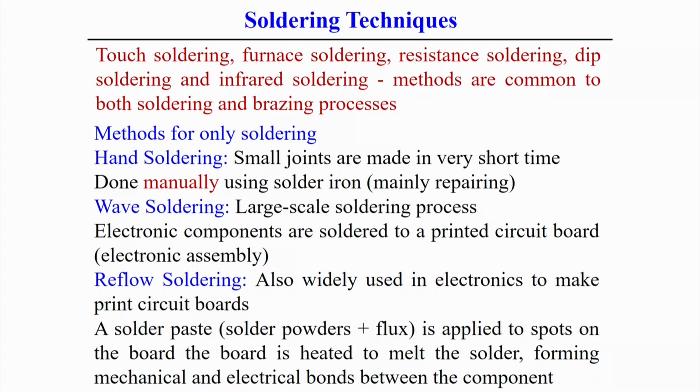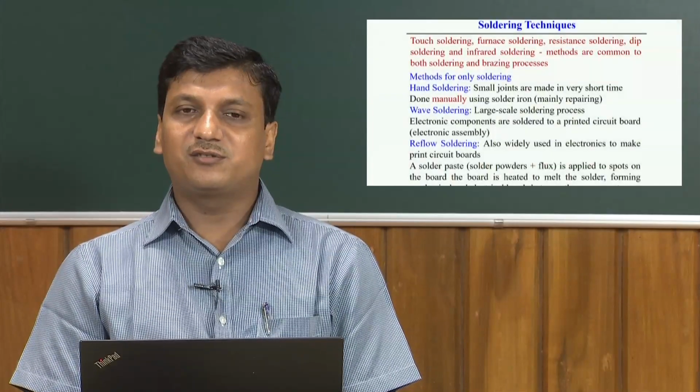Wave soldering is used when there is a requirement of a large scale soldering process. It is another soldering technique where electronic components on the printed circuit board are joined, and using this technique we generally do the electrical assembly of the different components. Typically the circuit board and the metallic components are joined using this kind of soldering process.